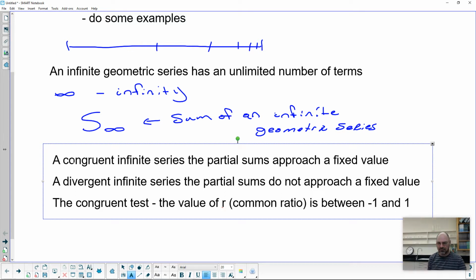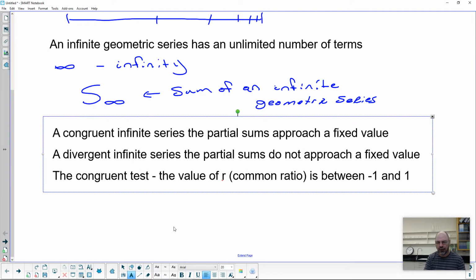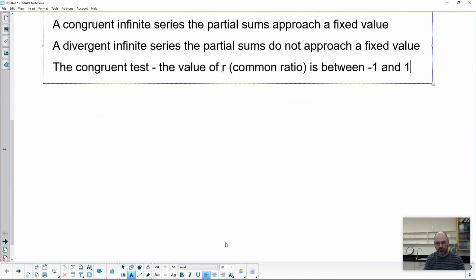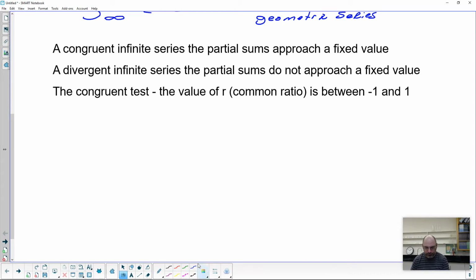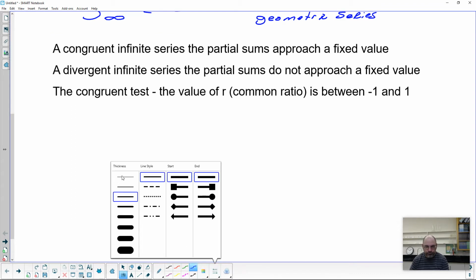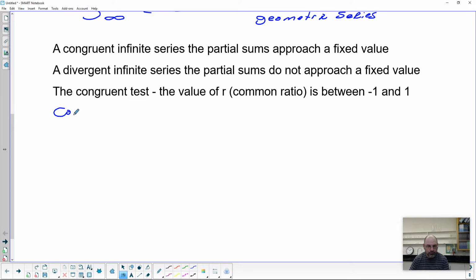So I'm going to give you an example of each of these, a convergent one and a divergent one. If I do a convergent example, and I'll use a marker for this, let's say I start with 80 times a half, 40 times a half, 20 times a half, 10, and so on.